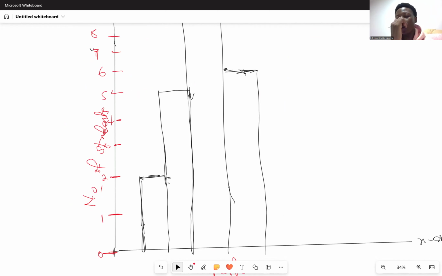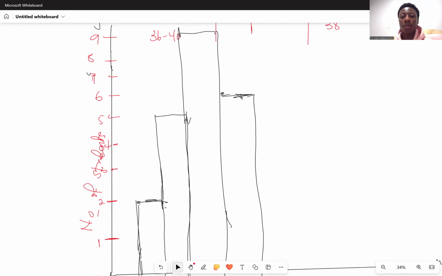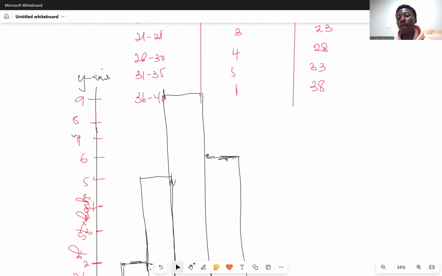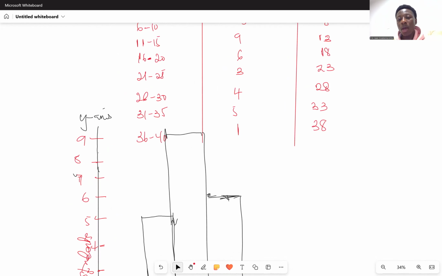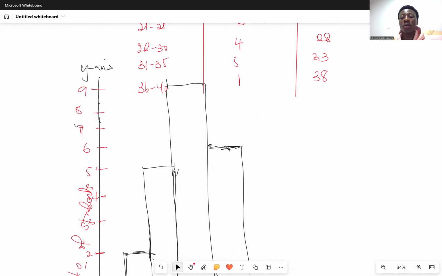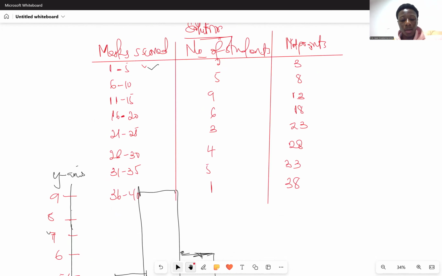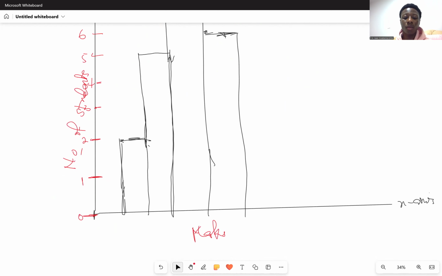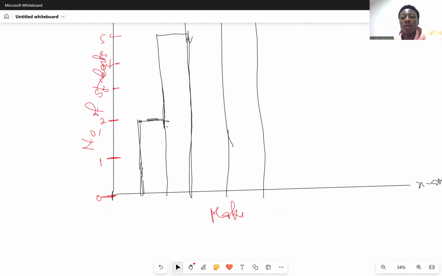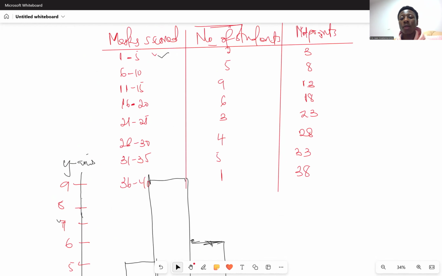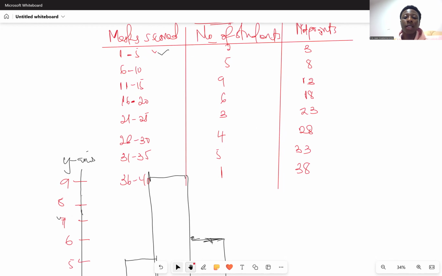Now, when you are done, you come back again. Coming back implies that you must have gone through everything and your table looks well. So now you just write the values for midpoints at the middle. So the midpoint values, we have 3, we have 8, right?